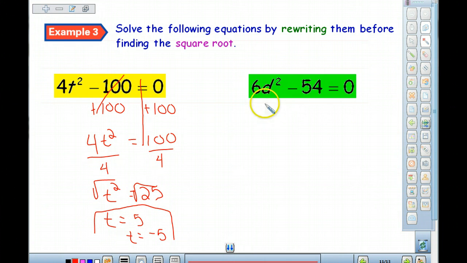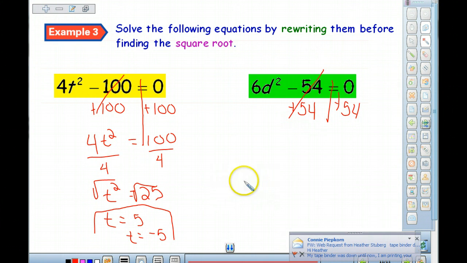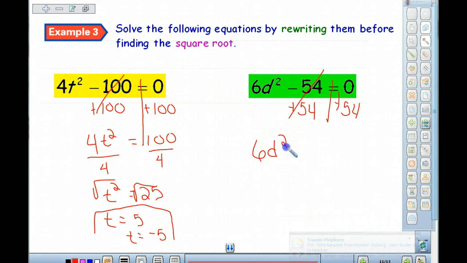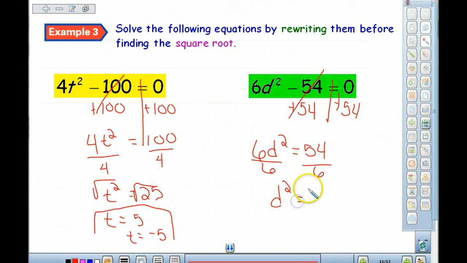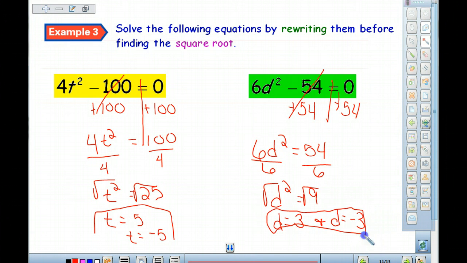Again, 2 answers. Here we're going to add 54, and we've got 6d squared equals 54. We can divide by 6, and we've got d squared equals 9. We take the square root of both sides. What's my square root of 9? We get d equals 3, and d equals negative 3. Do not forget your second answer.